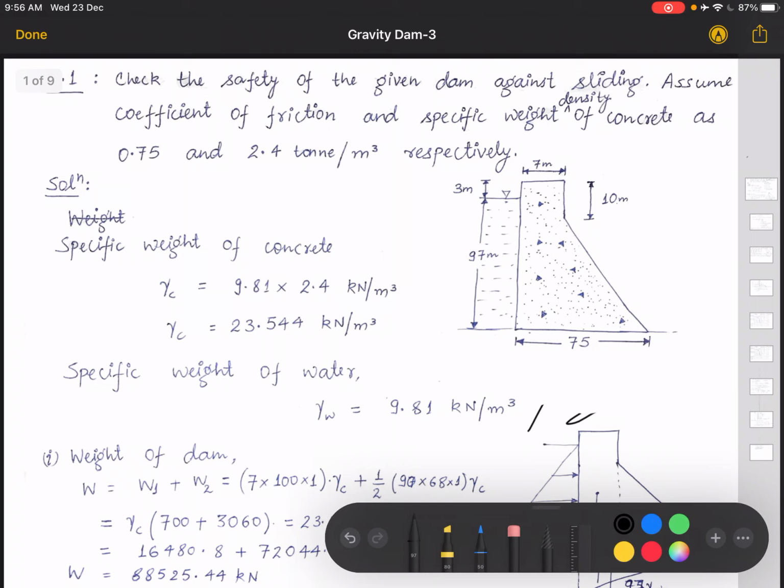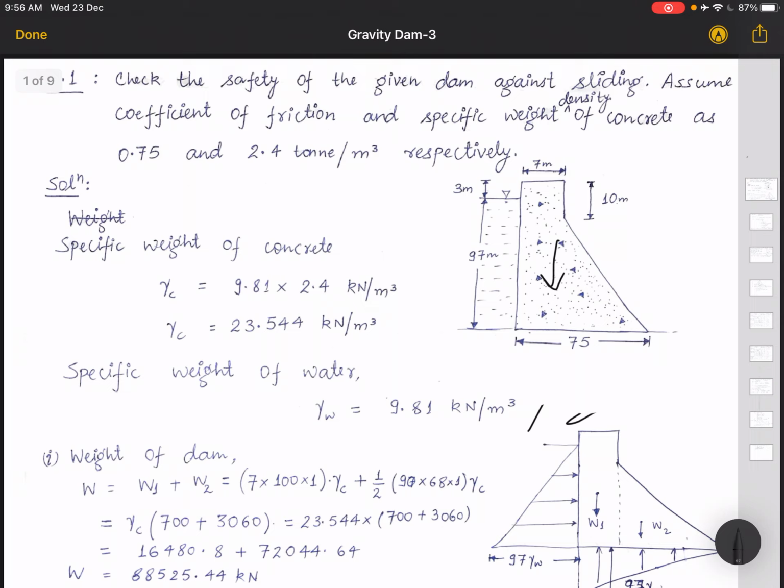First, the vertical forces which will be coming will be this weight and the uplift due to the thrust, which is horizontal. So we have to calculate majorly these three forces.